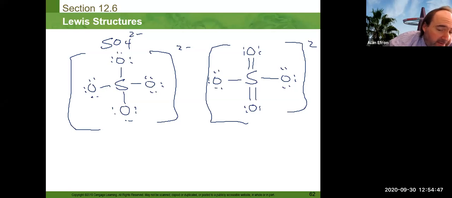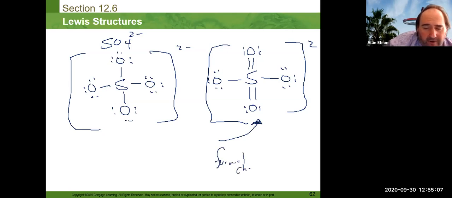And it's actually perfectly fine in that situation because it's sulfur. It has that ability to go over 8 because it has those d orbitals. And truth be told, again, a little bit outside of our class, you'll learn about it in 1A. This is actually the better structure here based on formal charge.